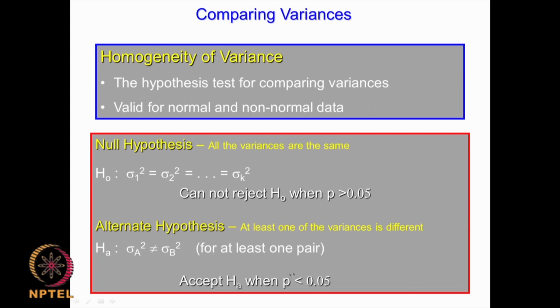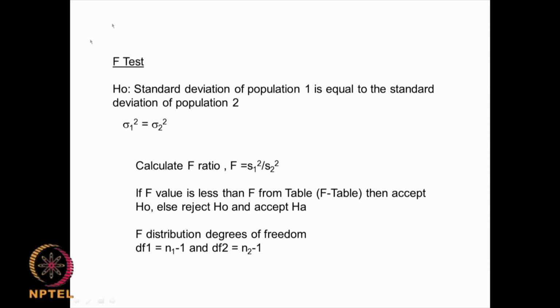If p is less than 0.05, we have to reject H naught and accept HA. So, you see the tests are there for comparing variances. In the t-test we are comparing means, here we are comparing variances. One test that is there is called the F test.